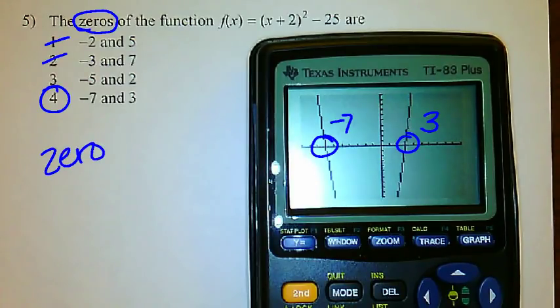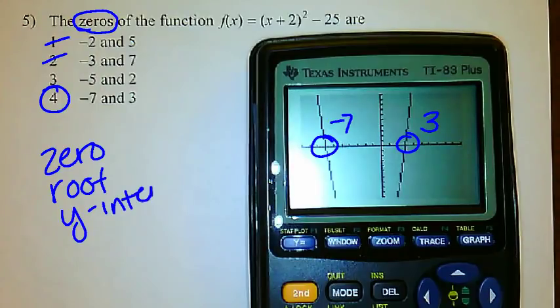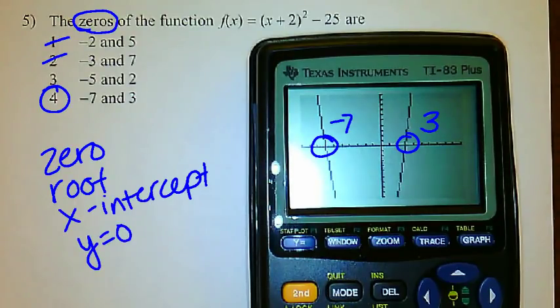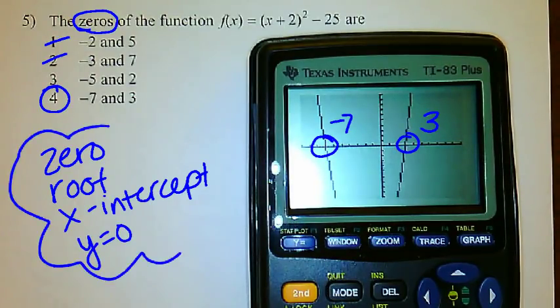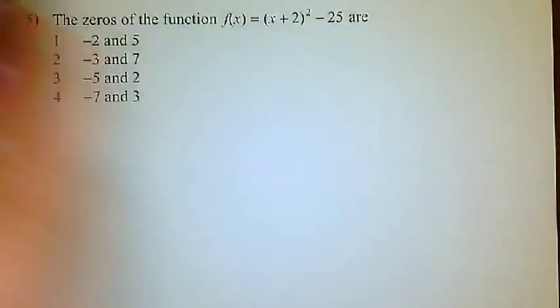So a 0, a root, x-intercept. Sorry, I said y-intercept, I meant x-intercept. So when y equals 0, those are what you are looking at. And that is a question you just need to know. You need to be able to look at that question and understand what it's asking you.